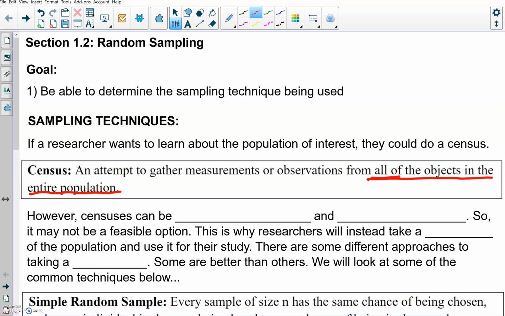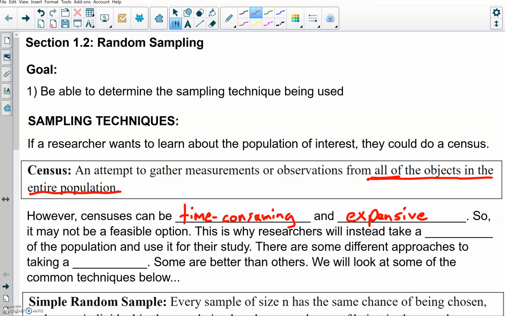So, the census is not always easy. It can be time consuming and expensive. So it may not be a feasible option.